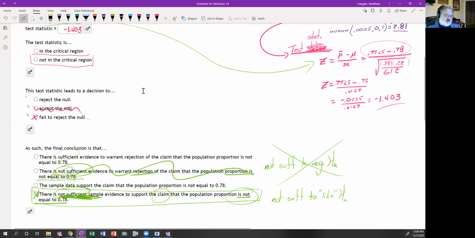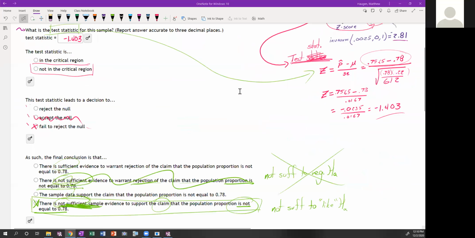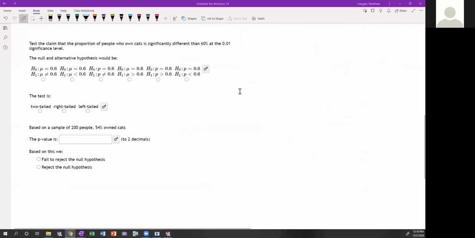Before I do that, any questions about that first problem? Christy, you said you were fighting with the 10.2 and 10.3 a lot. Is that helpful in kind of a layout? Okay. So this problem is from 10.2 and 10.3, right? Yes, this one specifically from 10.2. Okay. I did not look at 10.3.